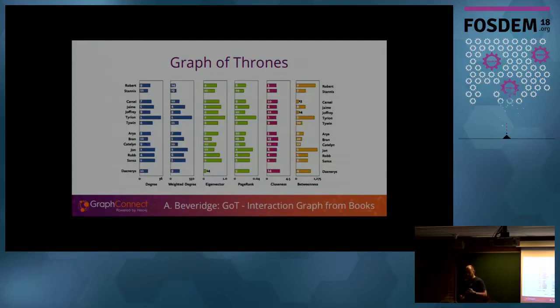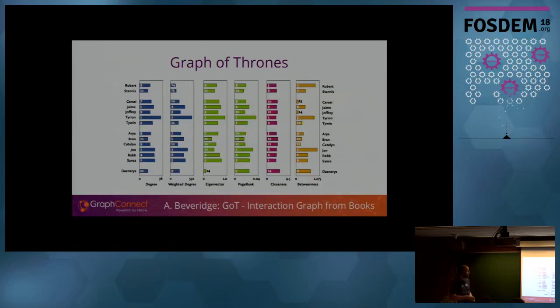Basically, what these graph algorithms do is get the same kind of insight that you get from reading the books. When I read the books, I know, for instance, that Tyrion is very influential because he's involved with a lot of people and doing all his intrigues and so on. But the graph algorithm also gets the same insight.